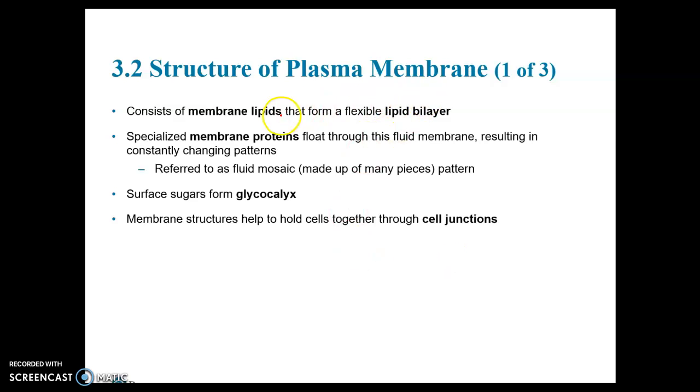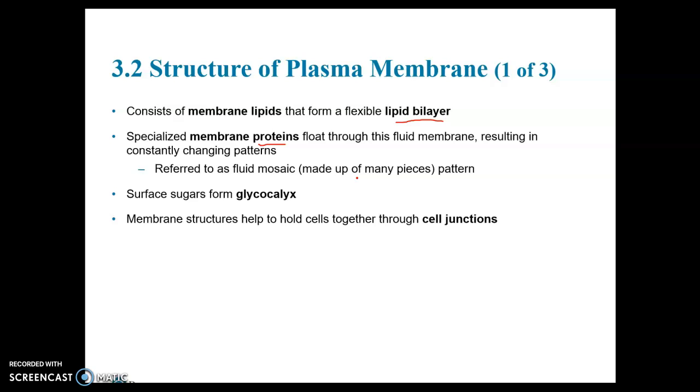Now, the components of the plasma membrane are lipids. They form a lipid bilayer or a phospholipid bilayer. Within this phospholipid bilayer are proteins called membrane proteins, and they float through this lipid bilayer.